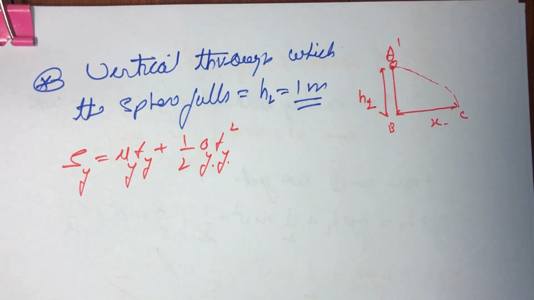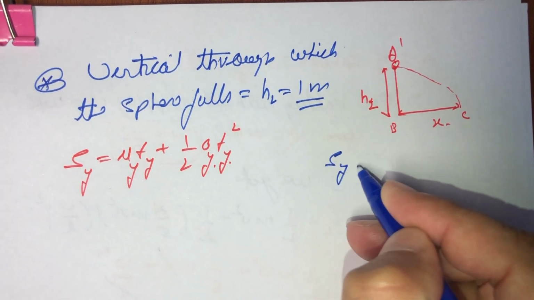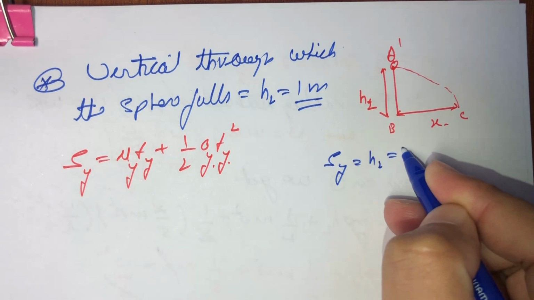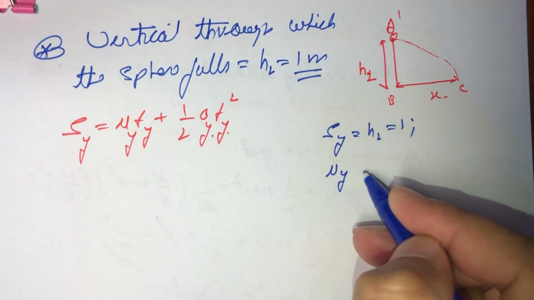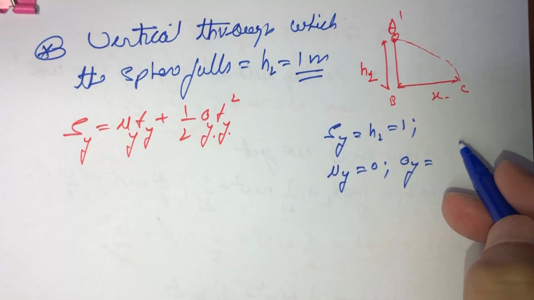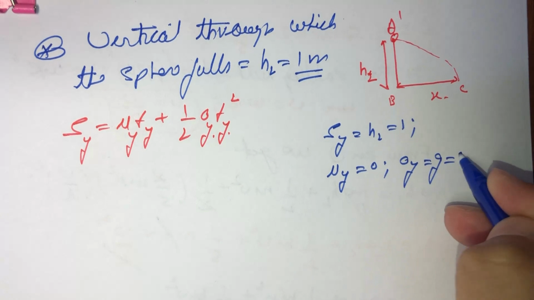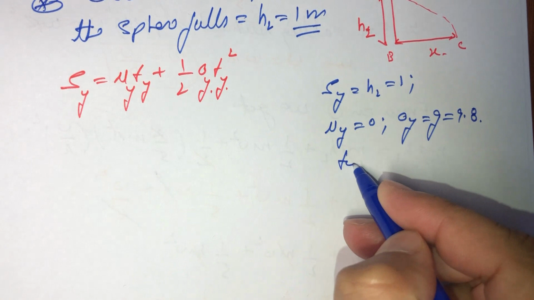So from here we can say that S of y will be equal to h2, which is equal to 1. Vertical velocity u of y is equal to 0, and a of y is equal to g, which is equal to 9.8, and t of y we are going to find out.